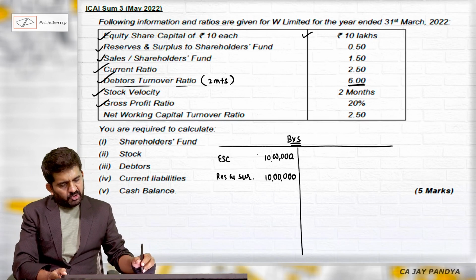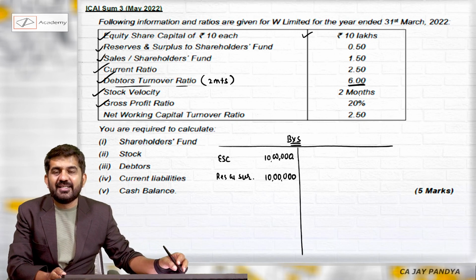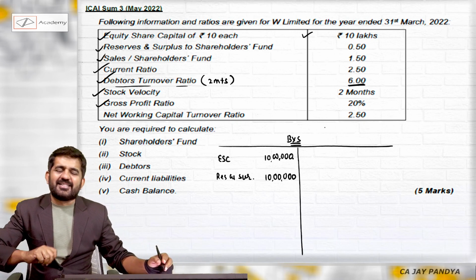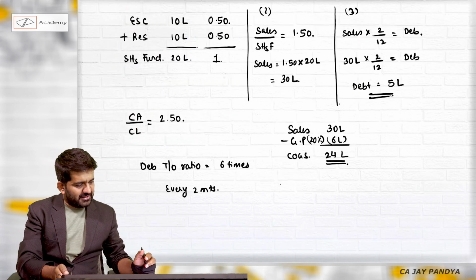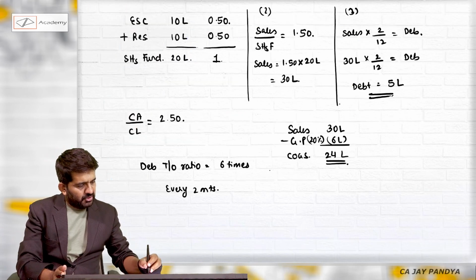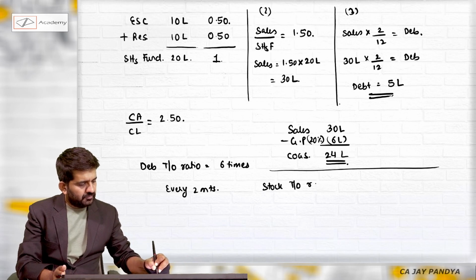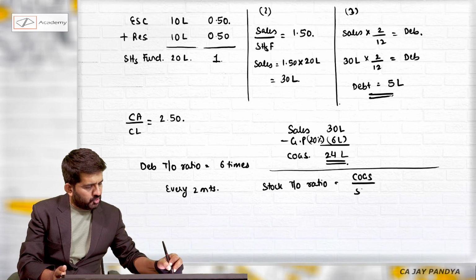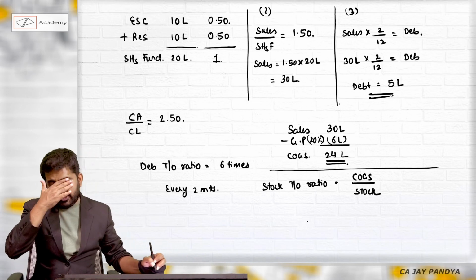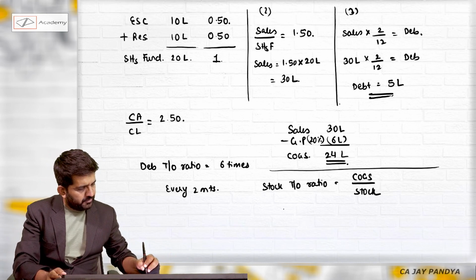And the stock turnover ratio or stock velocity ratio is 2 months. 2 months is the 6 times. So stock turnover ratio is 6 times, which is nothing but COGS upon stock. In absence of information, I can always take opening stock equal to closing stock equal to average stock.